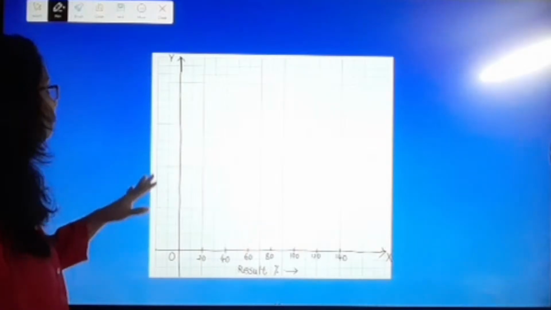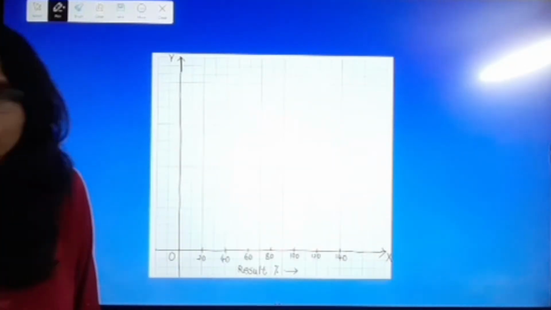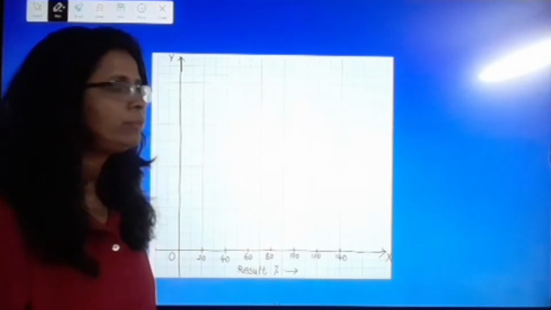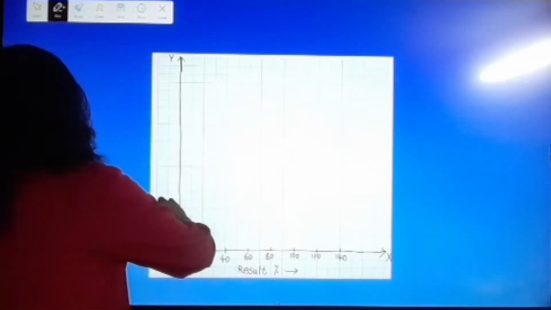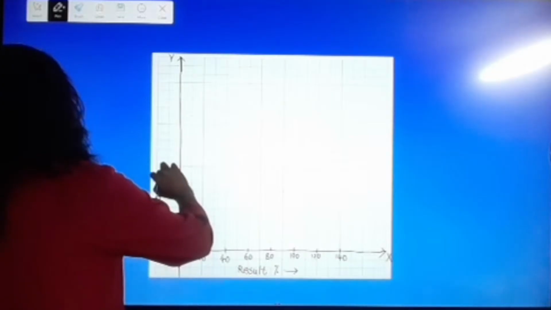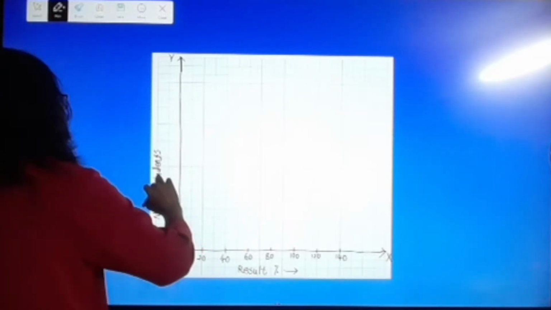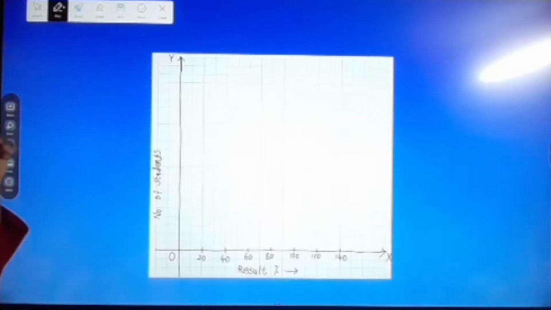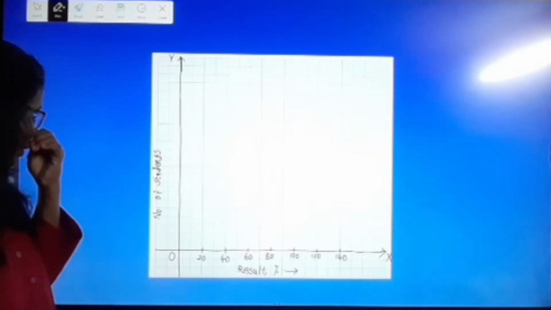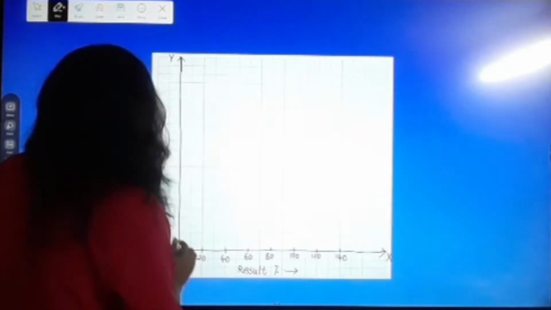Okay, and on the y-axis we have taken the number of students, and that means it is the frequency. So here I write down this way, number of students. You may write down this. Here we take the scale from 10, 20.